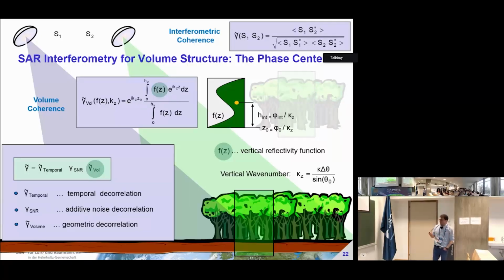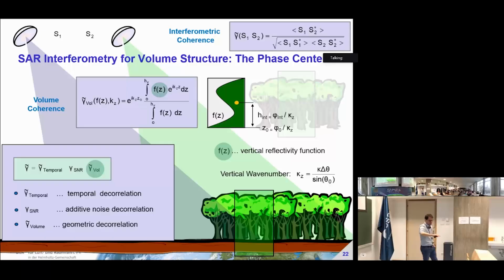But still, it tells you something about this distribution, if you like. Because suppose that someone tells you the height of the ground. It's a forest, you know where the ground is, and then you measure the phase.